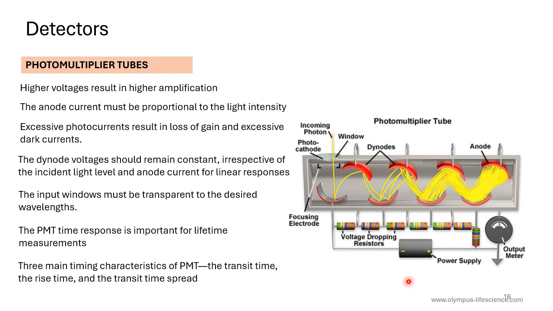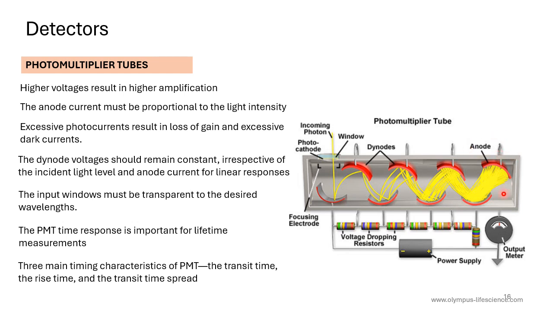Now there are three very important time characteristics of PMT, which are the transit time, the rise time, and the transit time spread. So the transit time of a PMT is the time interval between the arrival of the photon at the cathode and the arrival of the amplified pulse at the anode.